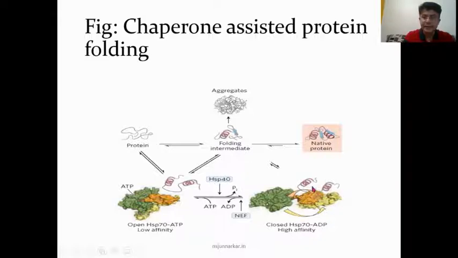And this partially folded protein is then released, and it generally folds into a native conformation after it has been partially folded by HSP70.